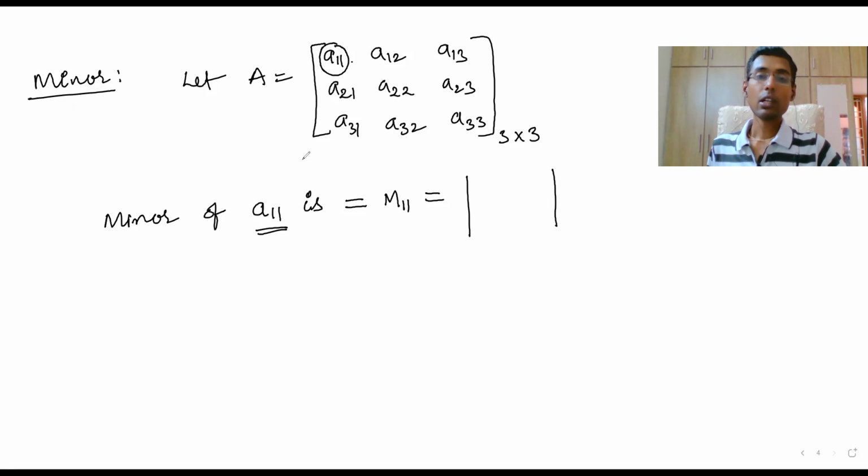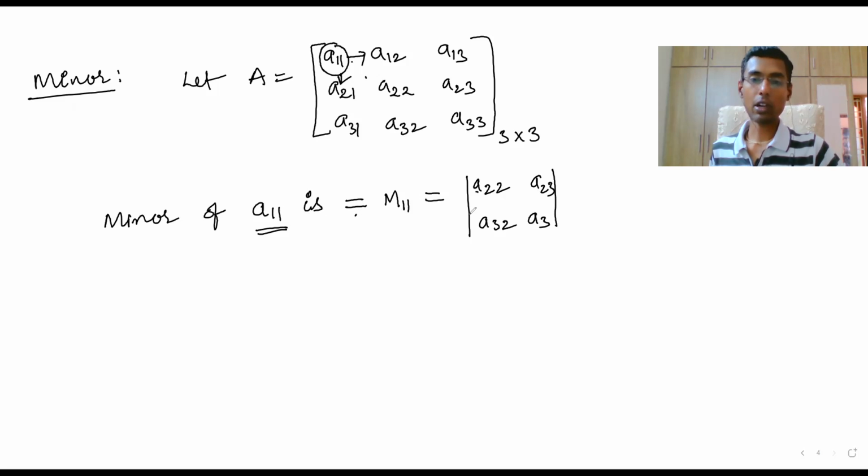So how do we get the determinant found by eliminating the first row and first column? If you eliminate the first row and first column, what do you get? A22, A23, A32, A33. This is the minor of A11.